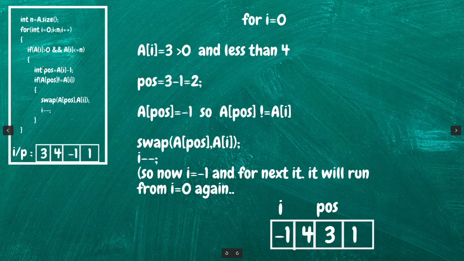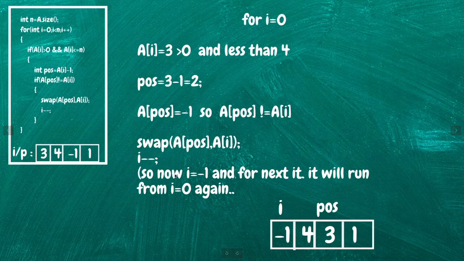So we get into the loop, and pos is a[i] minus 1, which is 3 minus 1 equals 2, and a[pos] equals minus 1. So we can see a[pos] is not equal to a[i]. So we swap a[pos] and a[i], that is we swap this 3 and minus 1, and we decrement the i.